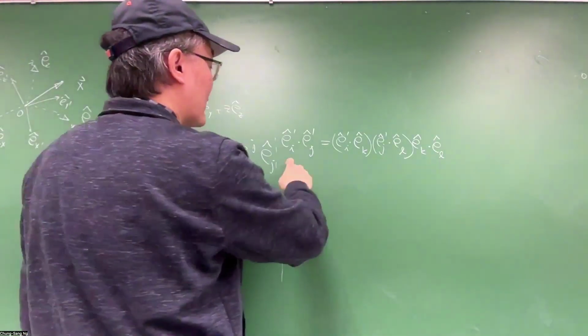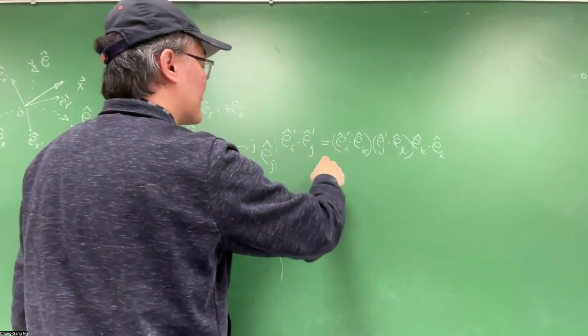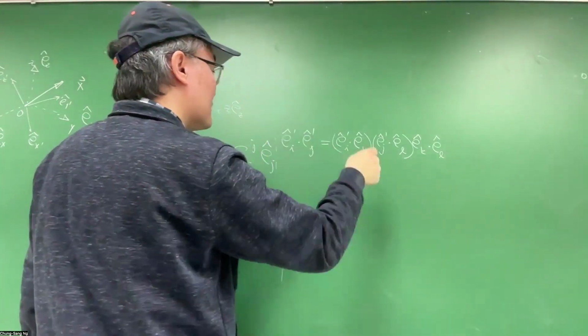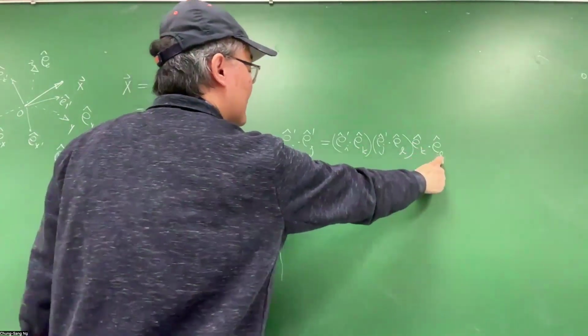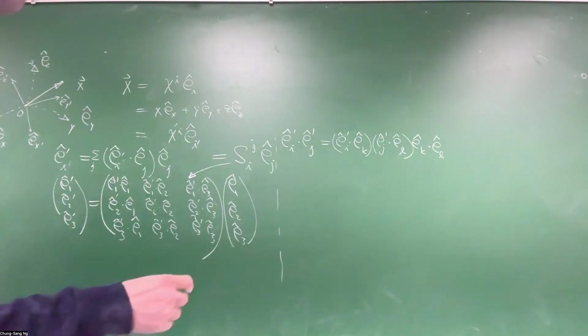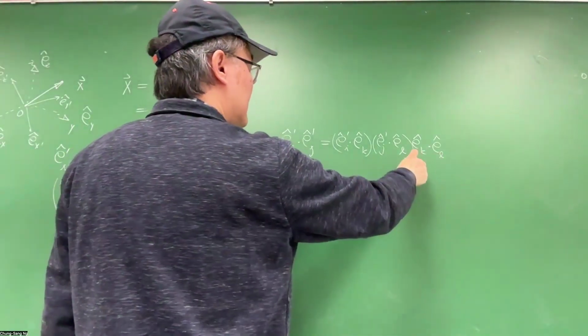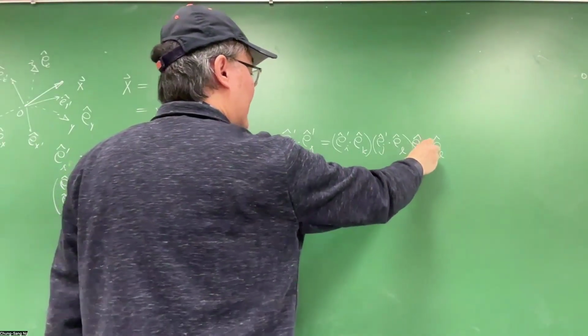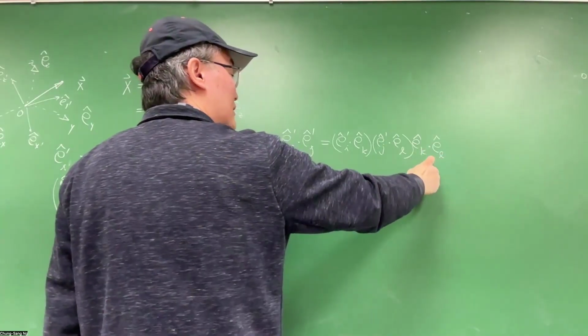And remember that now these are still sums, right? Because you have repeated indices, so your K and K sum, L and L sum. And now you can use the fact that these are Cartesian coordinate unit vectors, so they are orthogonal.